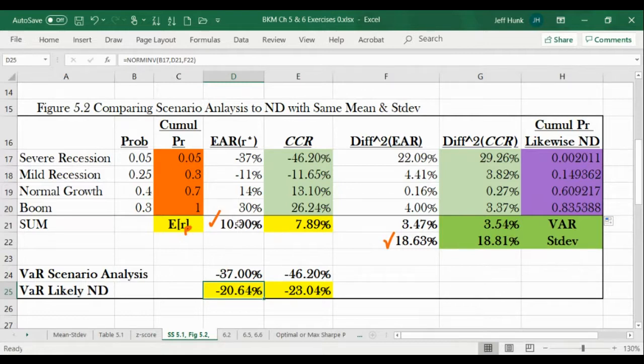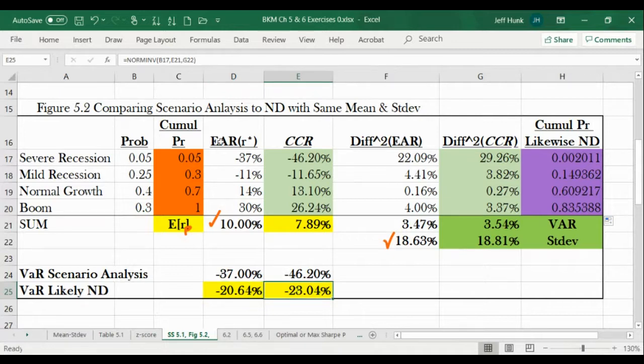If the mean was 10% and the standard deviation were 18.63, actually it would be negative. Bottom 5% would not be negative 37%, but negative 20.6.